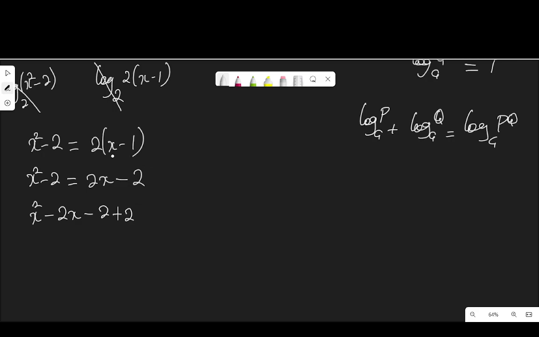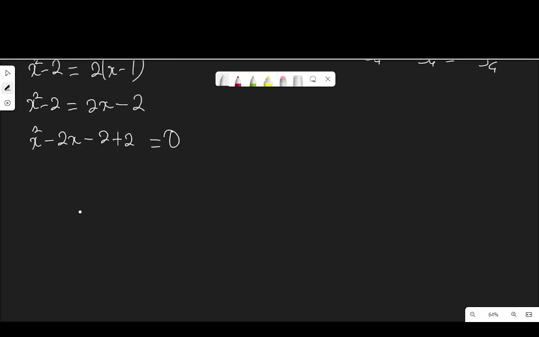Since I have moved everything away from here, it should be equal to 0. And that will give us x squared minus 2x, minus 2 plus 2 is 0. So this place is gone. Negative 2 plus 2 is 0. So our equation now becomes x squared minus 2x equal to 0.